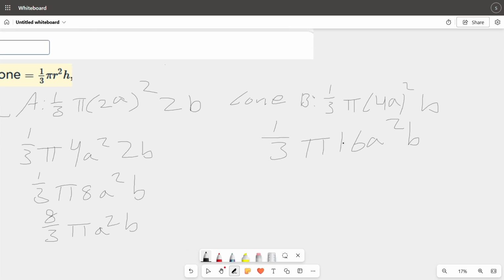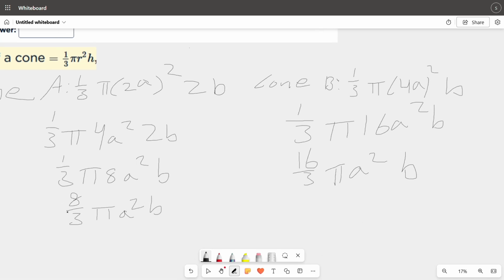We can multiply 16 with 1/3, that'd be 16/3 pi a squared b. And now we see that we have 8/3 pi a squared b for cone A and 16/3 for cone B.